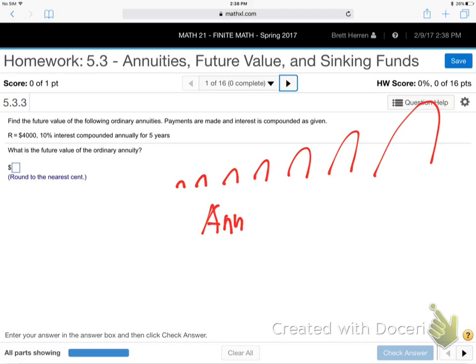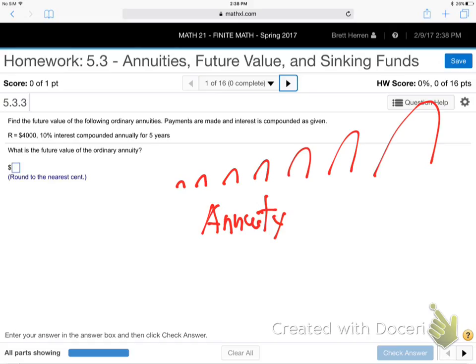So that's like paying off your house, right? You pay and pay and pay until you've paid off this big old thing. Or if you're storing up money for retirement. Actually, you know what? Let me take back what I said. Buying your house is actually the other kind. What we'll do next week.